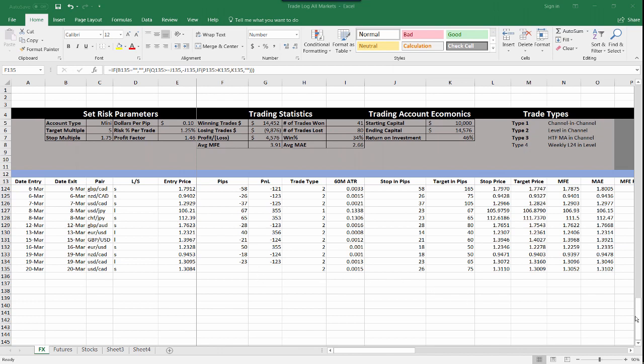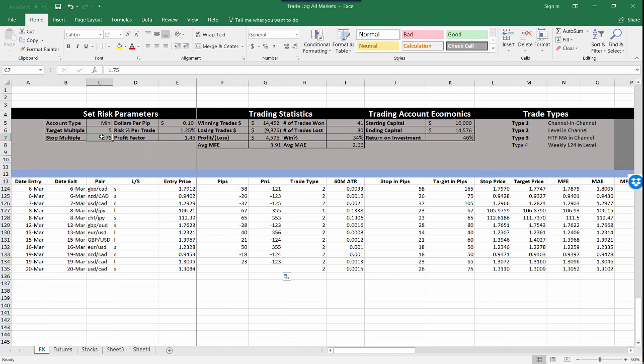I'm starting to get a decent amount of trades here on forex, enough to where I can start playing with the numbers in the spreadsheet to see what kind of difference it might make in my trading. And with that said, I want to talk about how I arrived at these multiples in the beginning, because as you know, on day trading I actually go for a much higher risk reward.